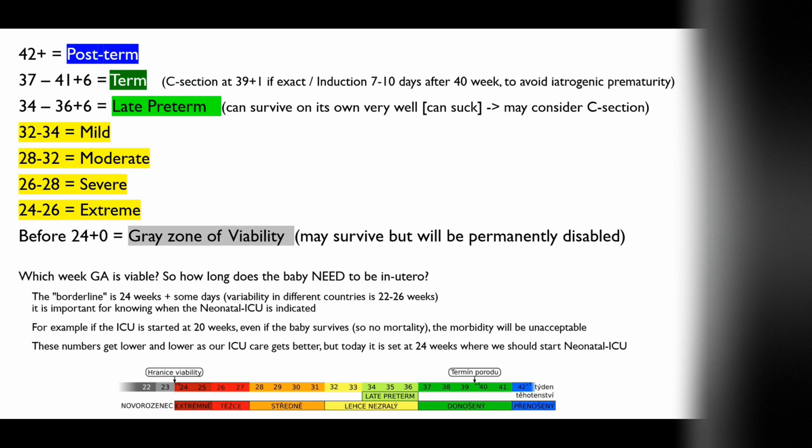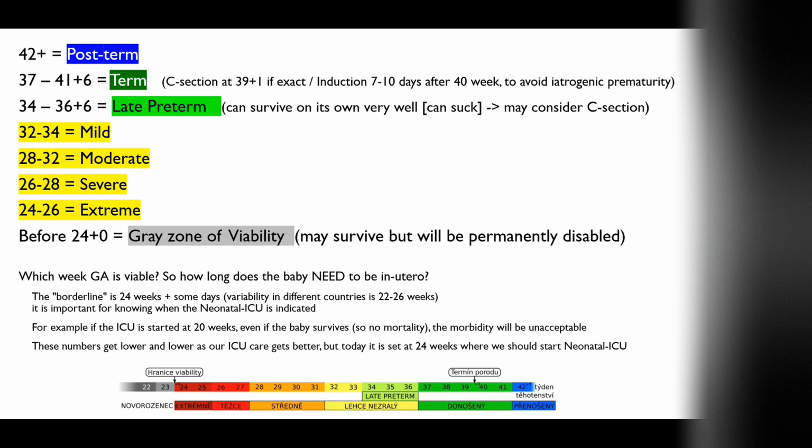We try to have good quality of life. So if we know that when we try to resuscitate the baby at a gestational age that is very small, and this will lead to permanent disease, we try to avoid it. Because there's no point in saving the child and then it suffers for his entire life.